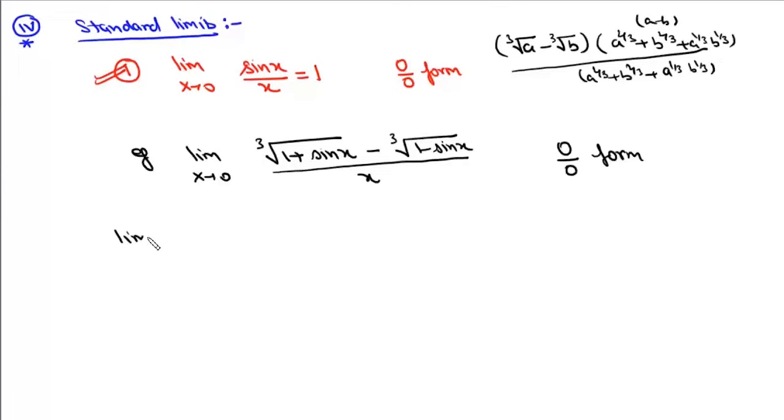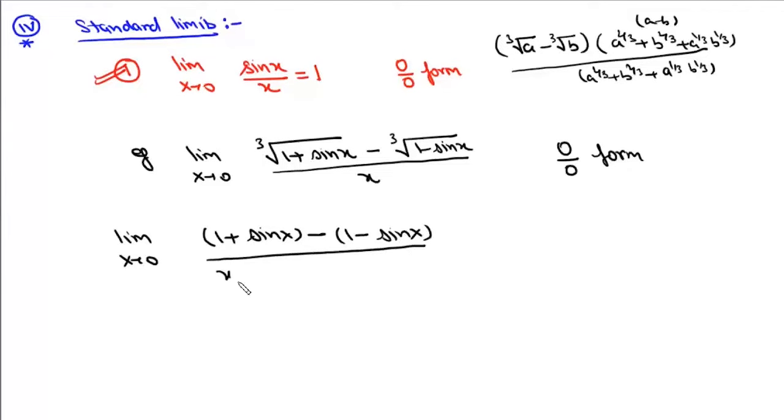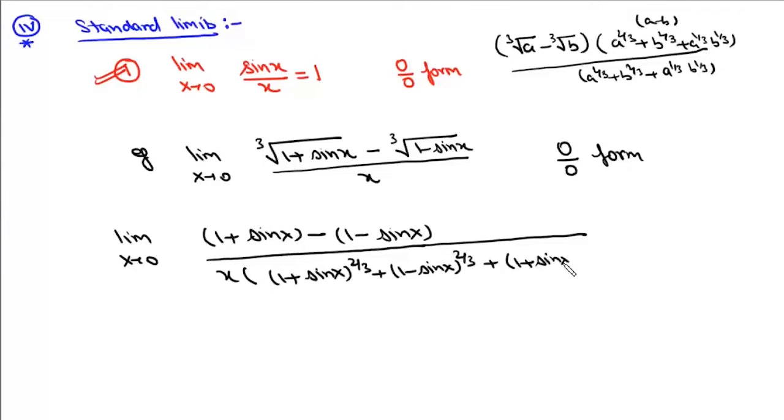So we'll write this as this limit x tends to 0, and here it will be a minus b, and a minus b is 1 plus sine x minus 1 minus sine x upon x, and here we have a to the power 2 by 3, so it will be (1 plus sine x) to the power 2 by 3 plus (1 minus sine x) to the power 2 by 3 plus (1 plus sine x) to the power 1 by 3 into (1 minus sine x) to the power 1 by 3.